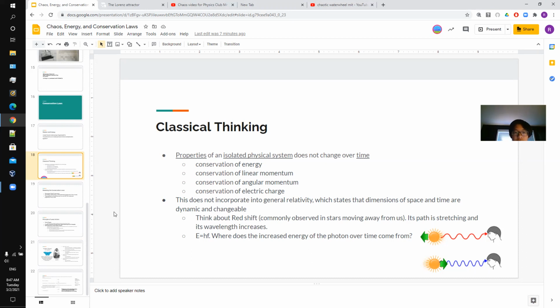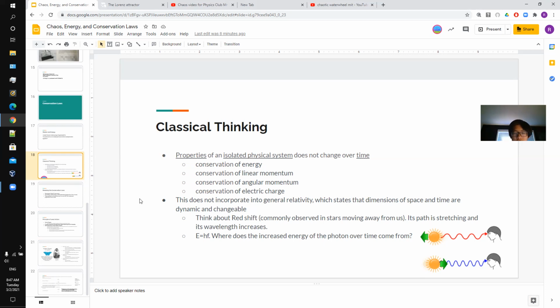So when general relativity is introduced, as you will see in the next point, the dimensions of space and time are changing, and this means that the conservation laws we used to use are not working anymore because over time it will change.